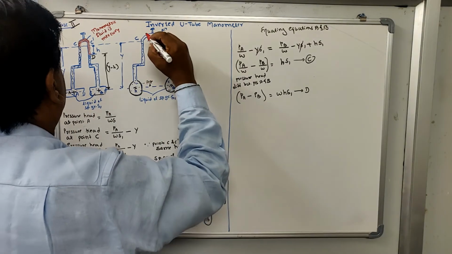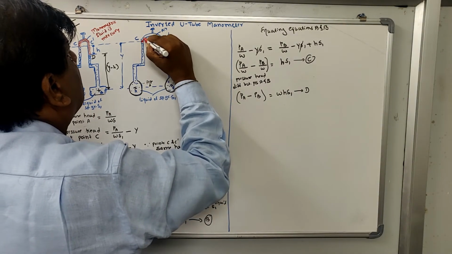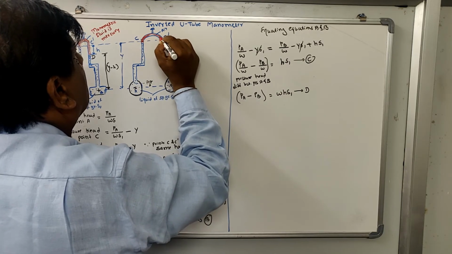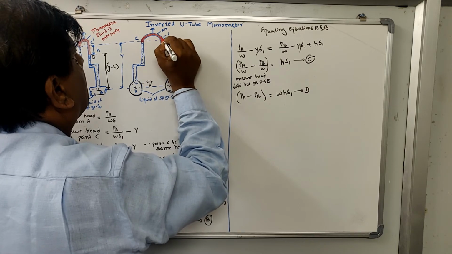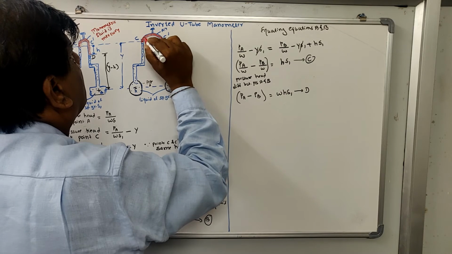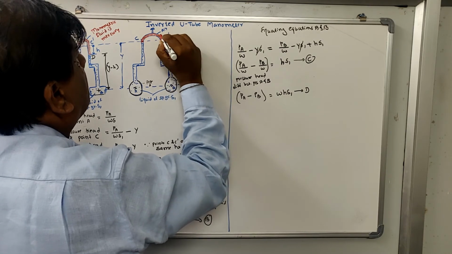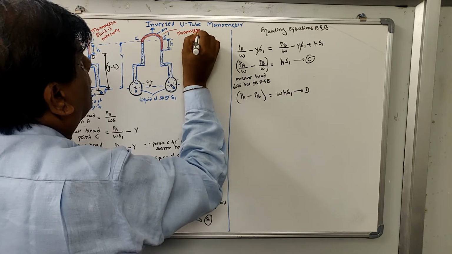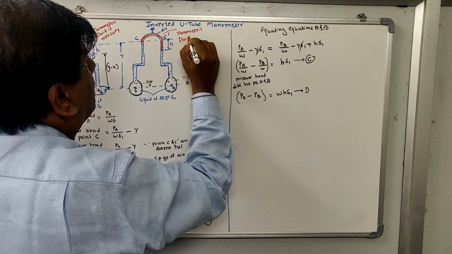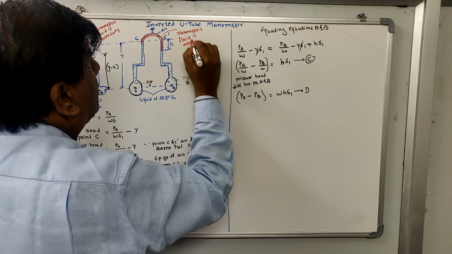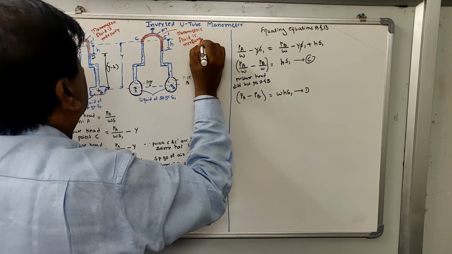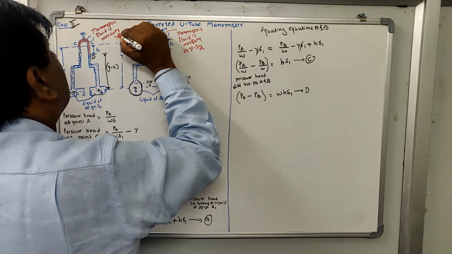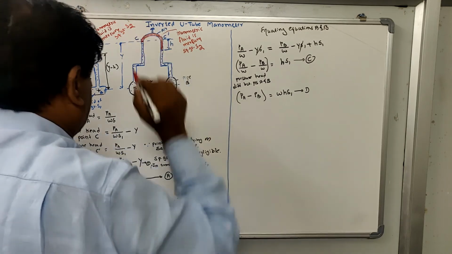Similarly here also the manometric fluid is mercury. So you can take the specific gravity of mercury as S2.